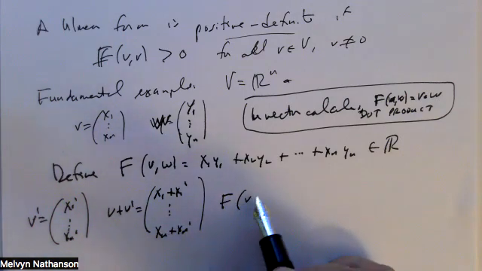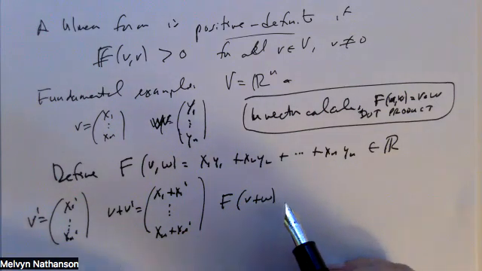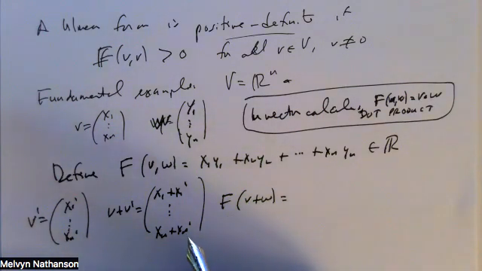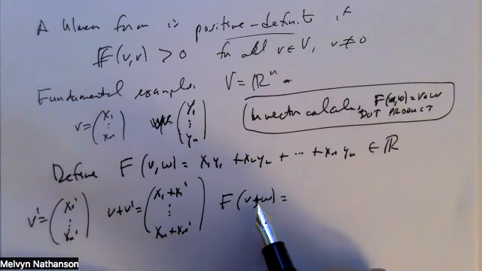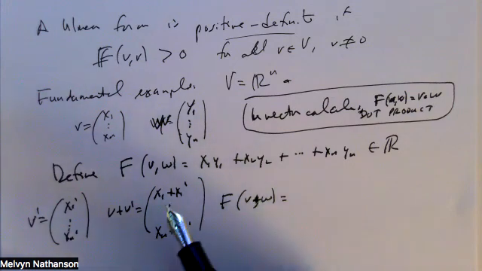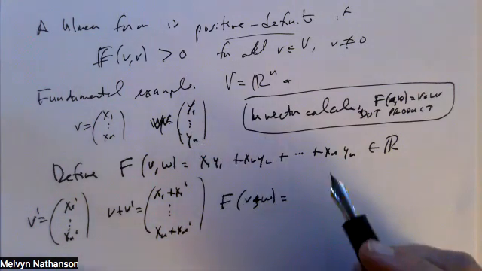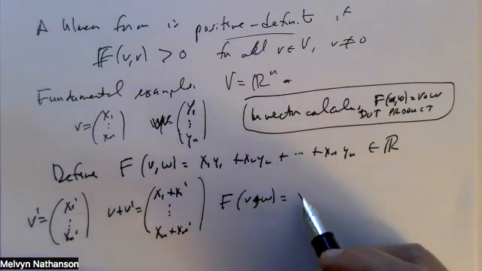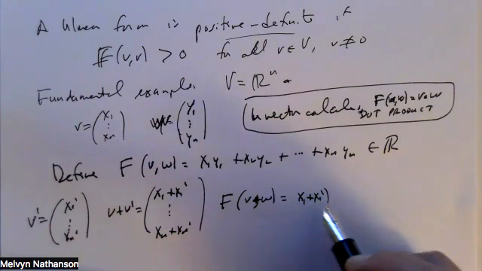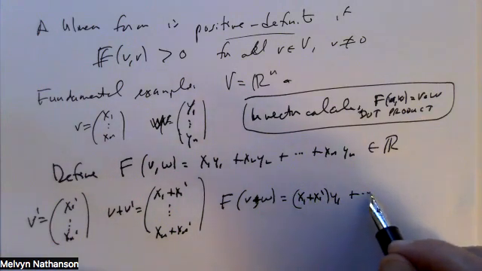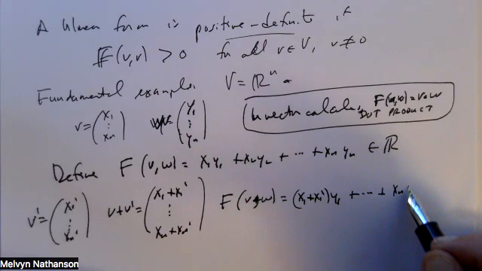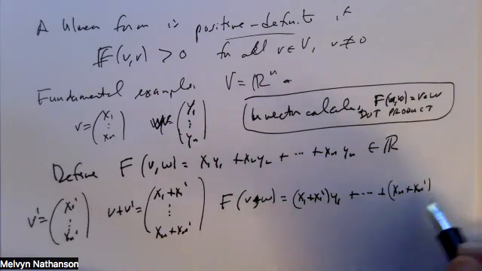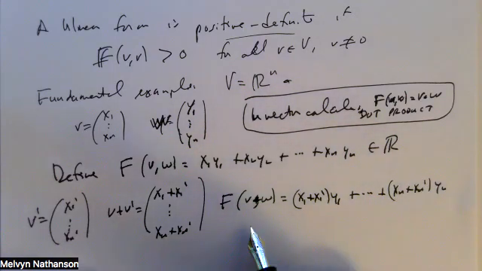And f of (v plus v prime, w), you take the coordinates of v plus v prime multiplied into the coordinates of w. You get (x1 plus x1 prime) y1 up to (xn plus xn prime) yn.